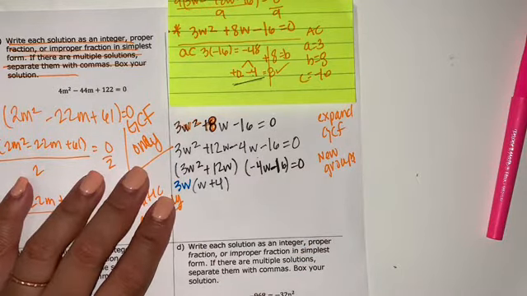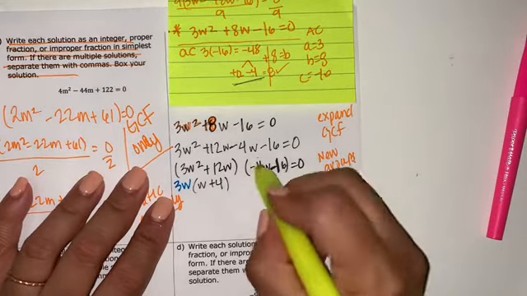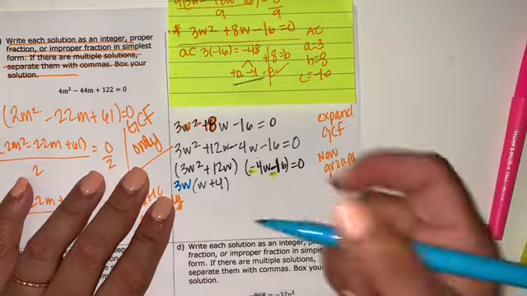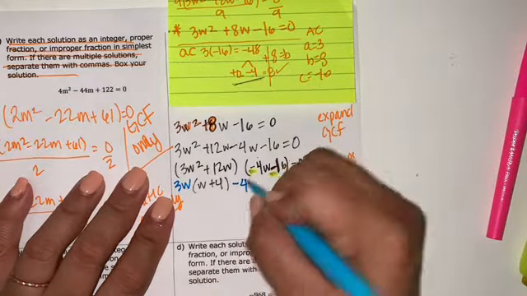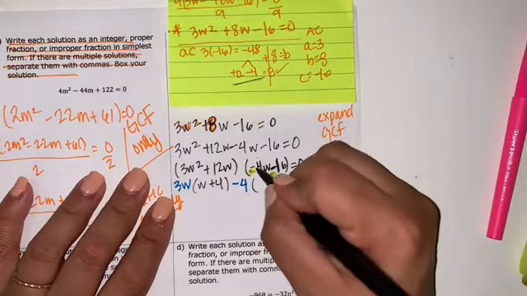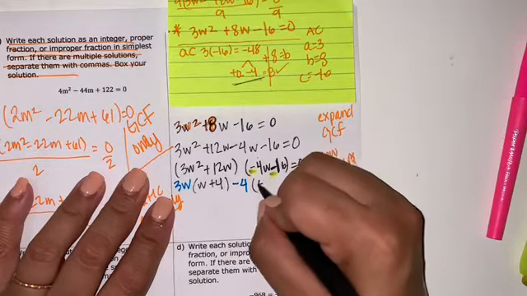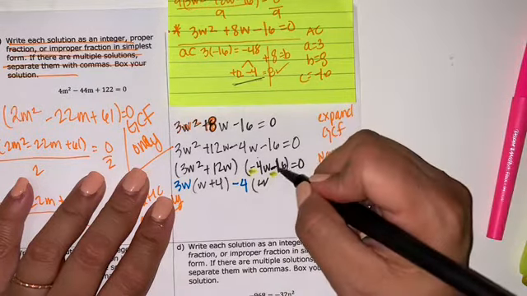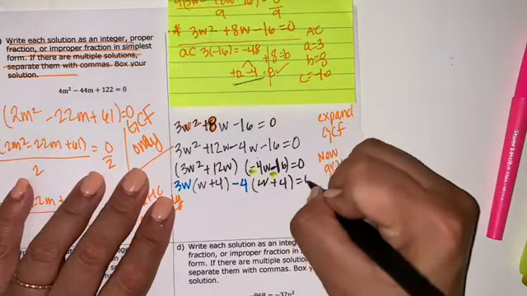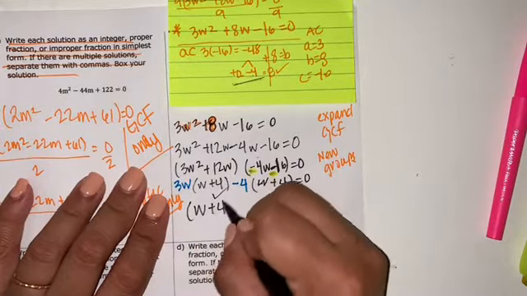These are both negative numbers, so we're going to factor out a negative 4, because they both have a 4 in common. Negative 4w divided by negative 4 is just w, and negative 16 divided by negative 4 is positive 4. These are the same, so I'm going to get w plus 4.